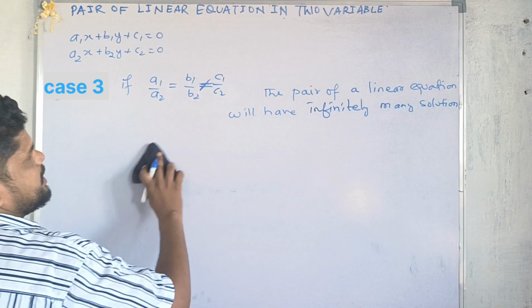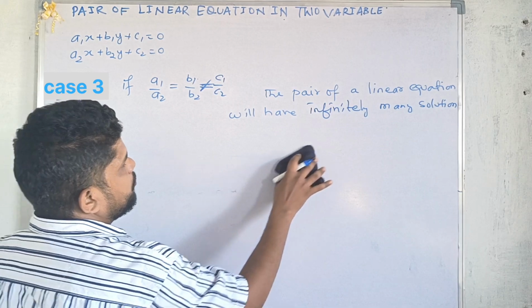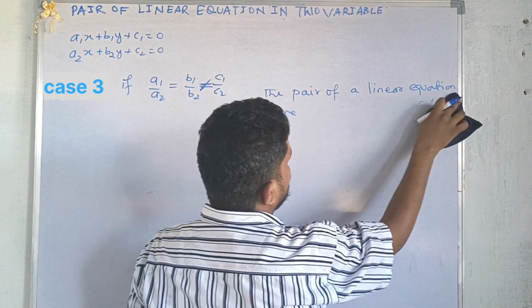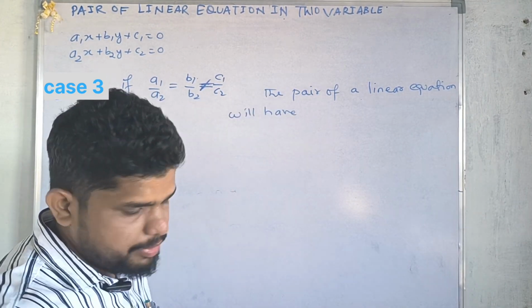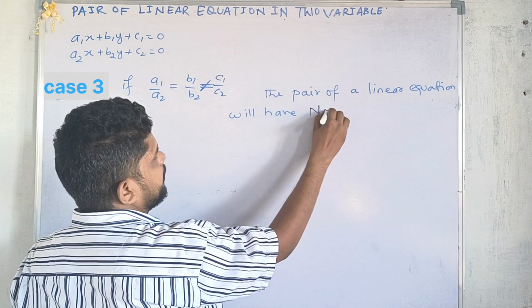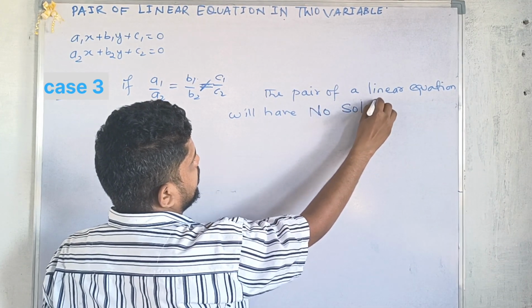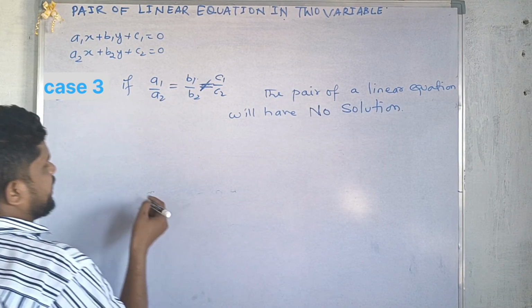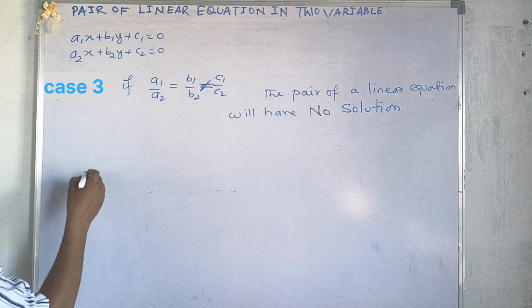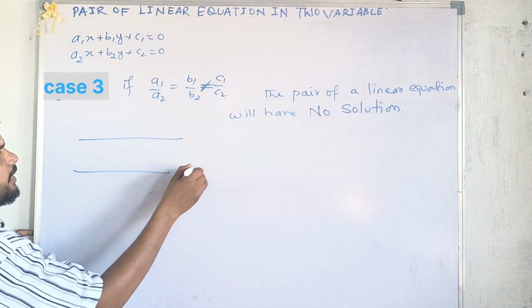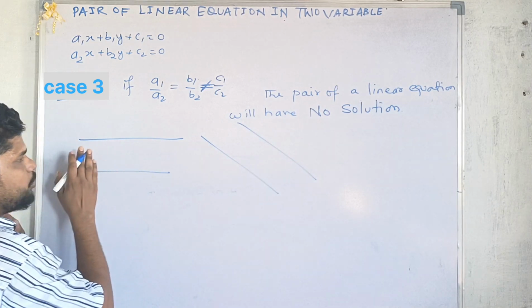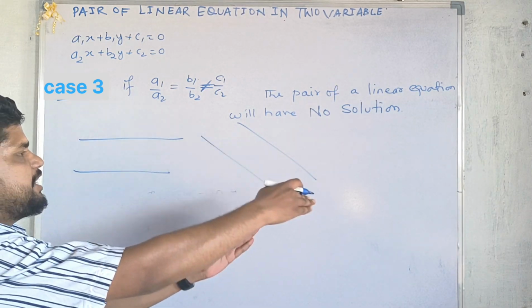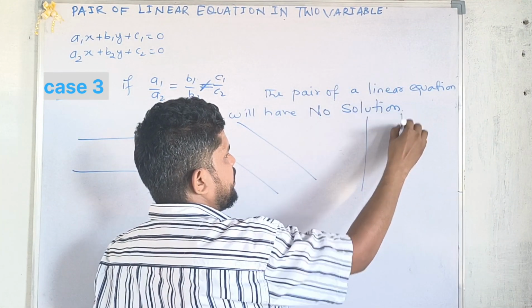So in this case, the pair of linear equations will have no solution. No solution means their slopes will be like this, they will go parallel to each other, horizontally, sidewise, or vertically also.